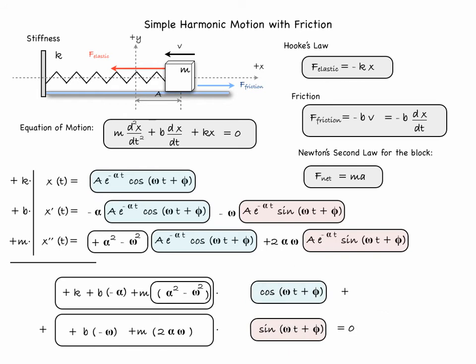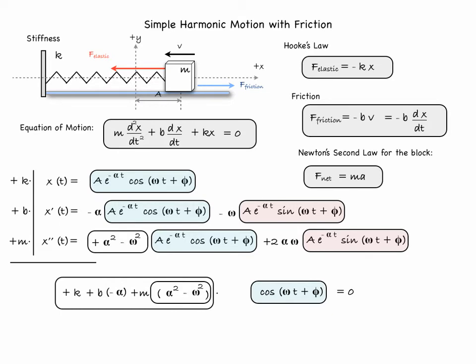Let's go back to the equation before we started solving it. An expression times cosine plus another expression times sine must equal 0. This can be true regardless of the time instant t, only if both terms actually equal 0 simultaneously.